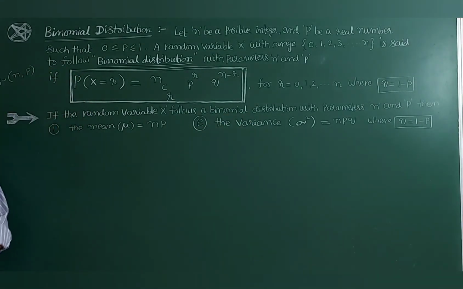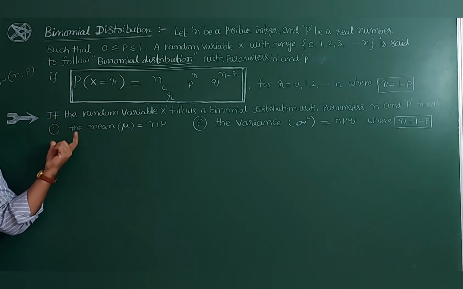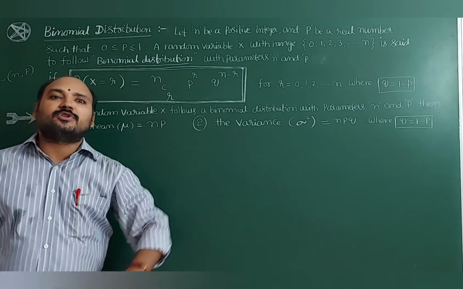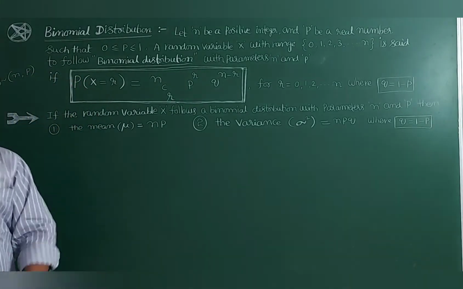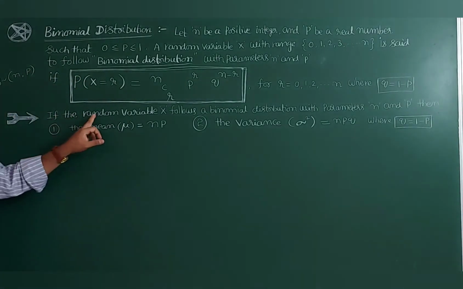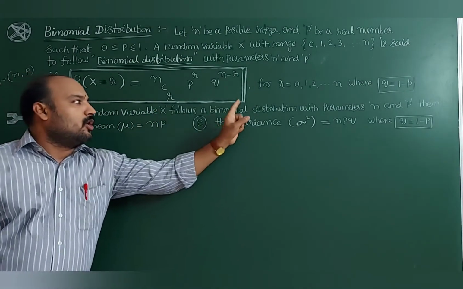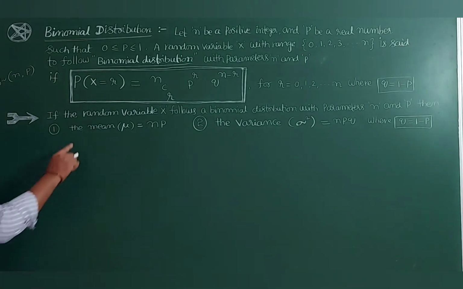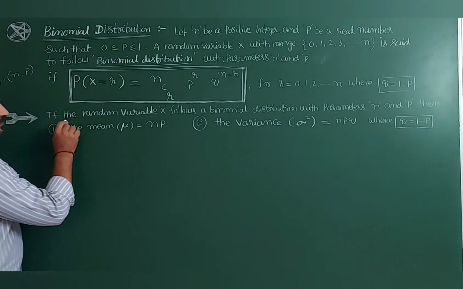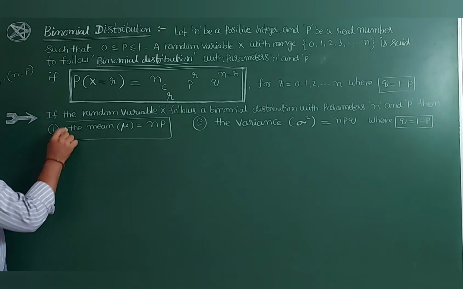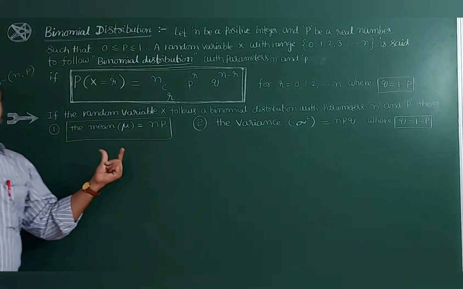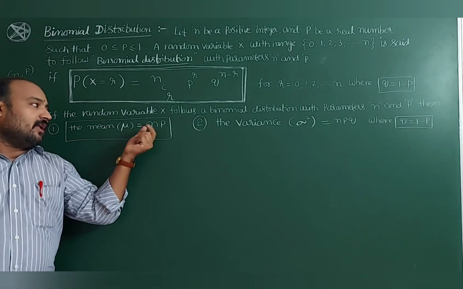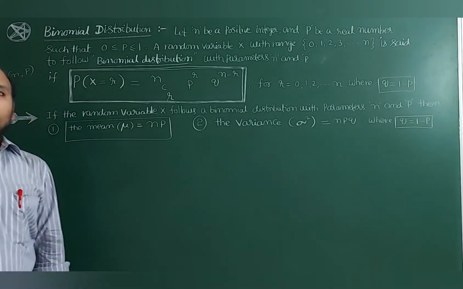Now, in the binomial distribution, based on the concepts of mean and variance, we have a number of questions for VSAQs and LAQs. If the random variable x follows a binomial distribution with parameters n and p, then the mean of random variable x is mu is equal to np. The mean of the random variable is denoted by mu, and the binomial distribution mean is mu is equal to np.